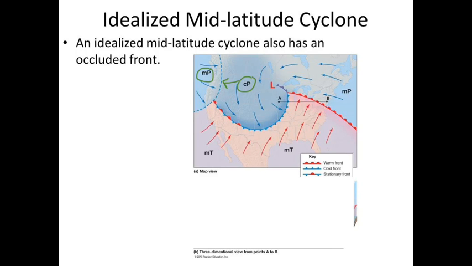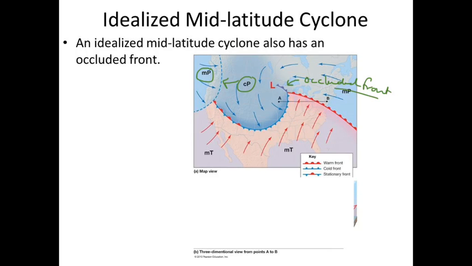But the other thing I want you to see is the low we've been talking about. Do you see what's extending from the low? I might have obscured it, but that right there is purple. You have to look really closely and see that the triangle and semicircle are on the same side of the line. That is an occluded front.